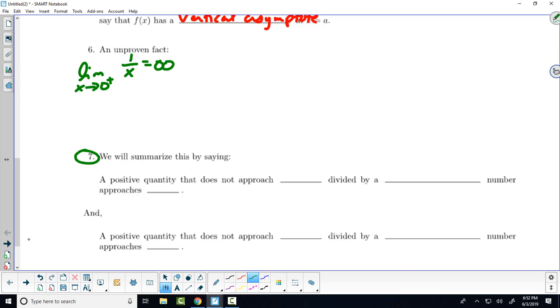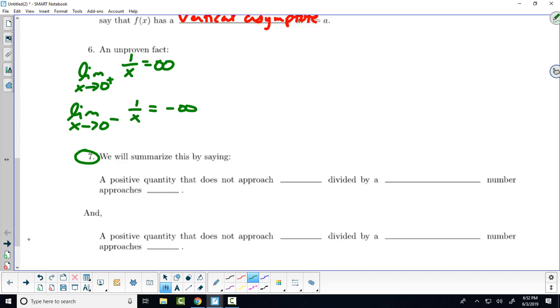We get sloppy and say the limit is infinity, but what we really mean is the range values are getting large. Similarly, the limit as x approaches 0 from the left of 1 over x equals minus infinity.